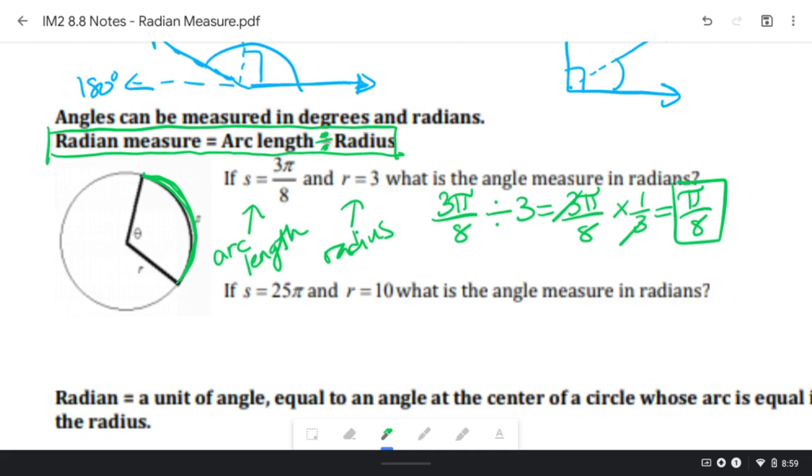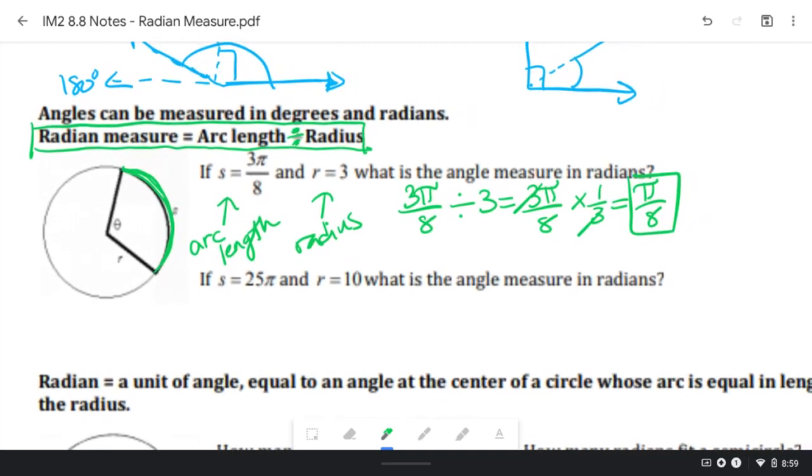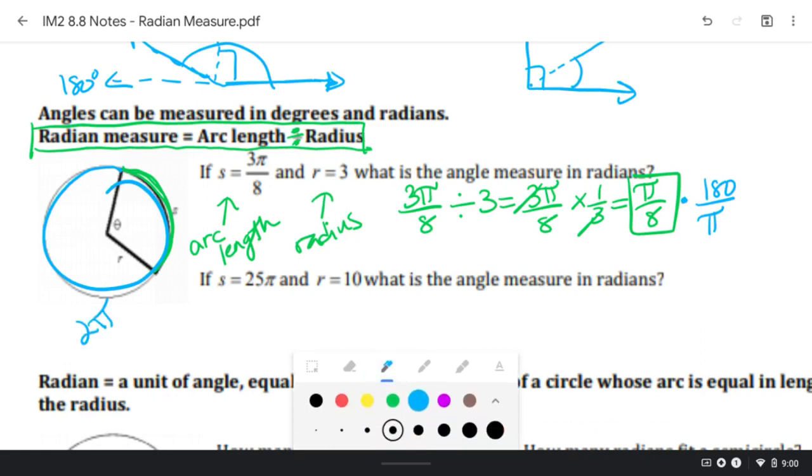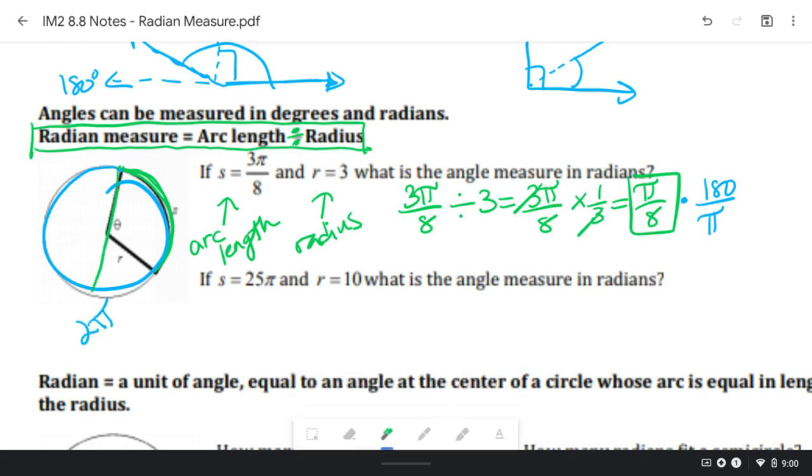Now, what does that mean? If I'm thinking about degrees, I can change that by multiplying times 180 over pi. Because remember I said that a full circle is 2 pi. Half a circle is pi, which is 180 degrees. So those are the same things.